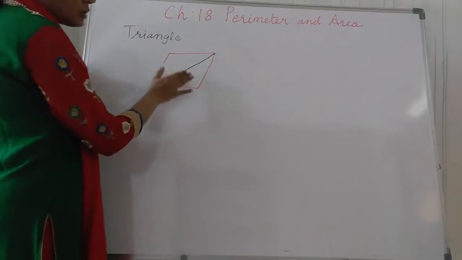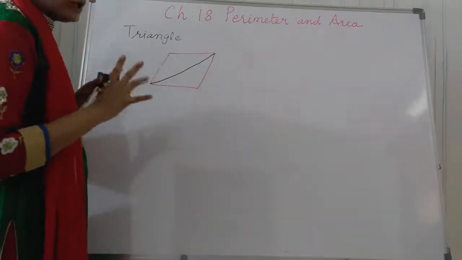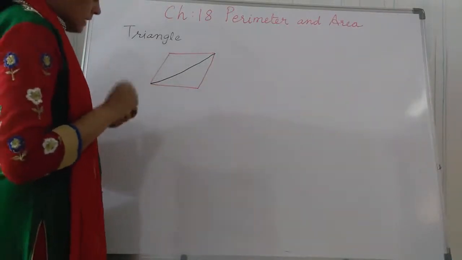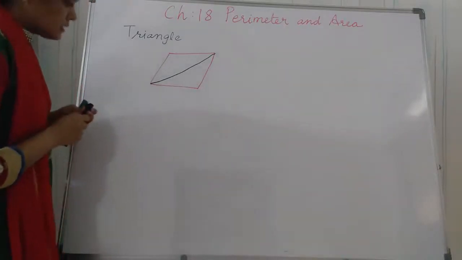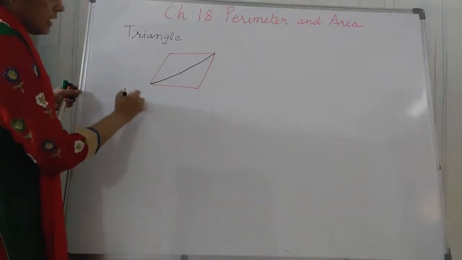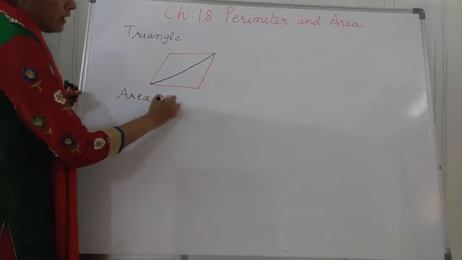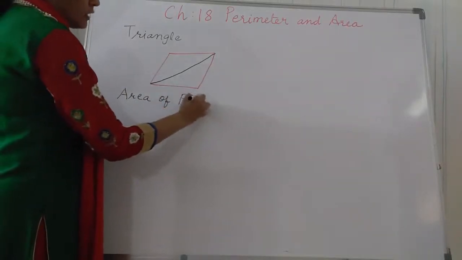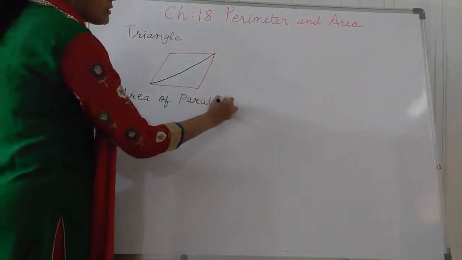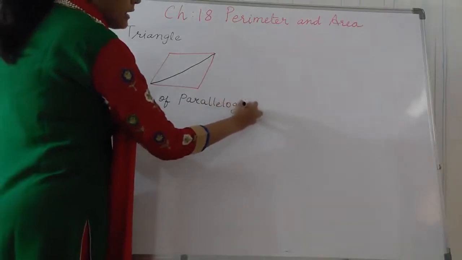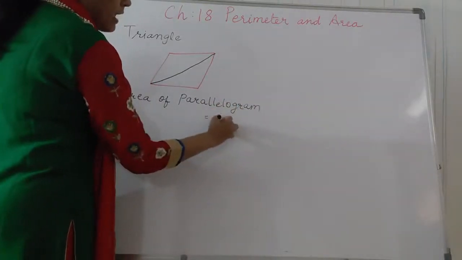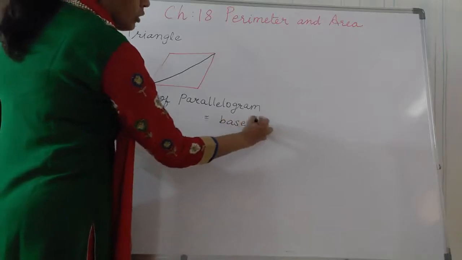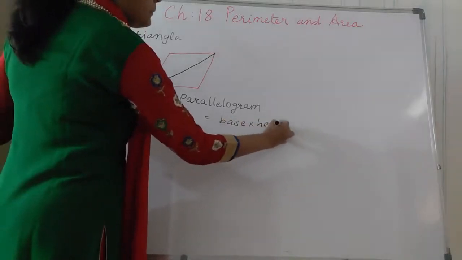We will get two equal triangles, right? So students, in the last video we have studied the area of a parallelogram. What is the formula? We have studied that it is base into height, or altitude, you can say.